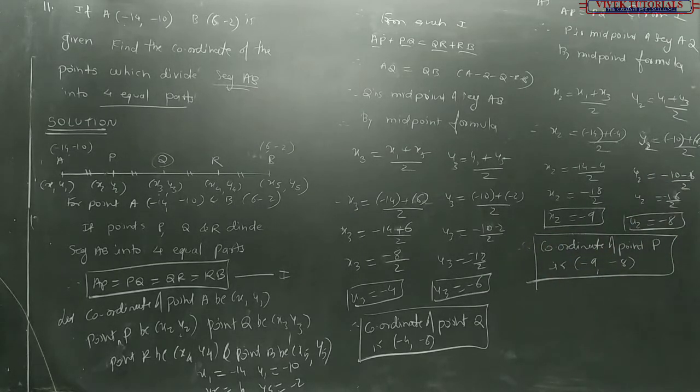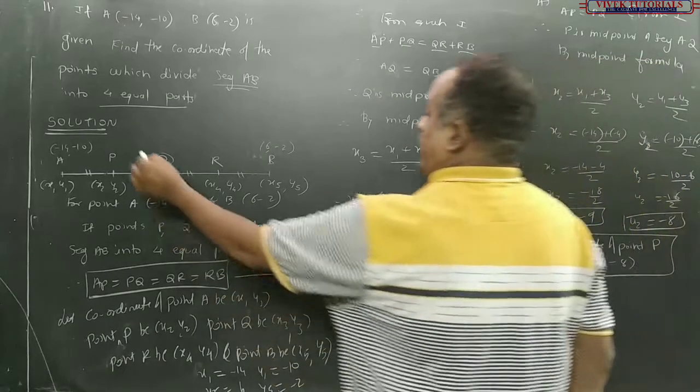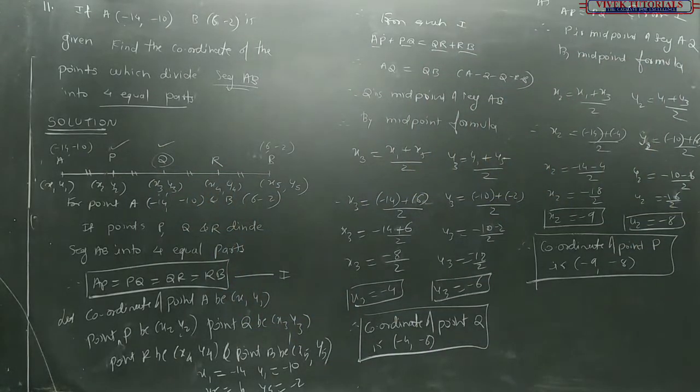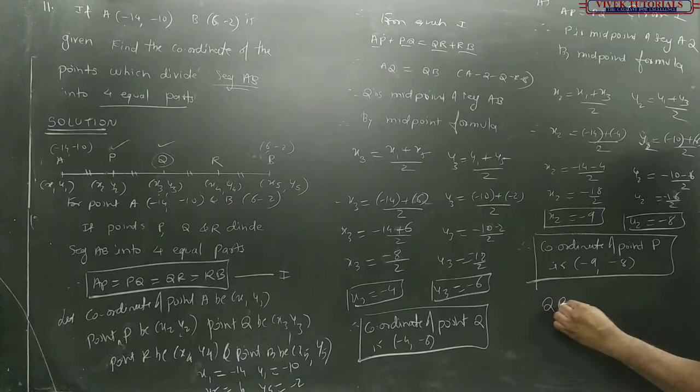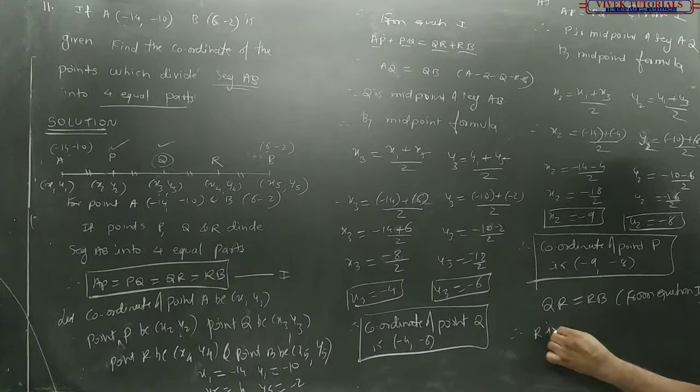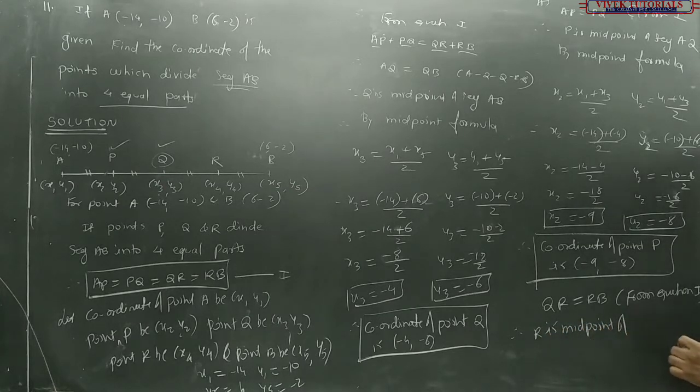Now, after this, just see, we got the coordinate of P, we got the coordinate of Q, now you have to find out the coordinate of R. So what you are going to write? QR is equal to RB. The reason is from equation 1. So, therefore, what can I write? R is the midpoint of segment QB.